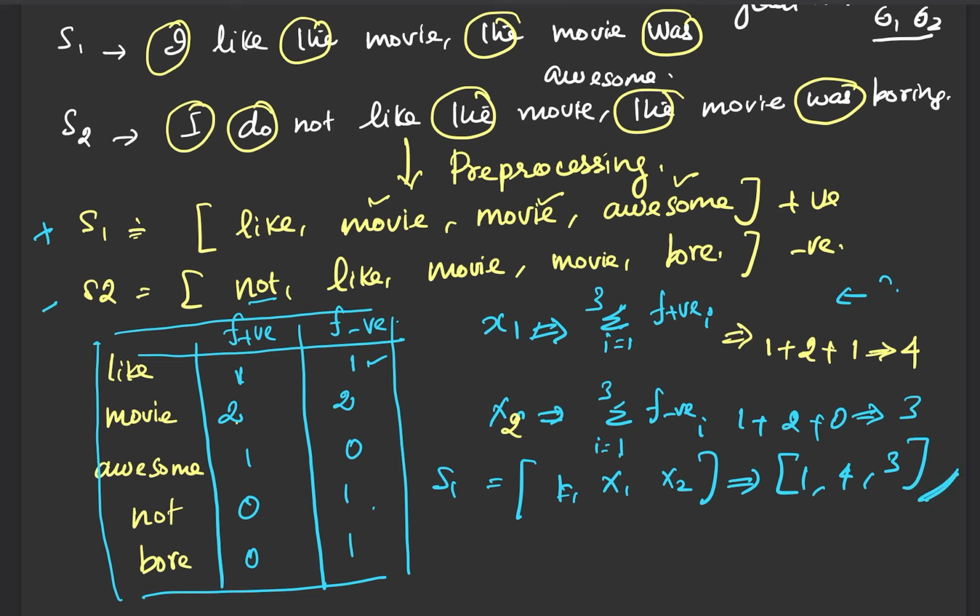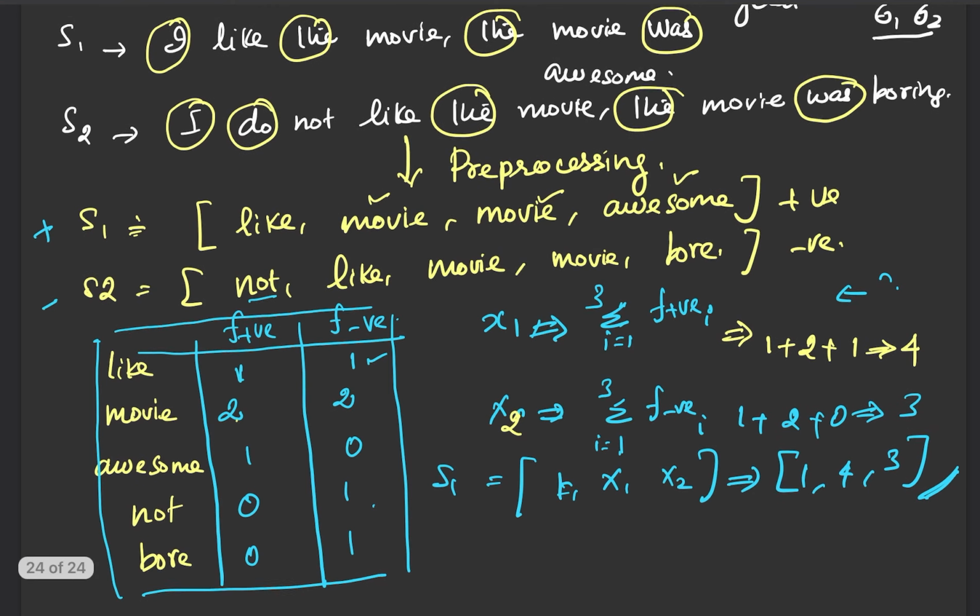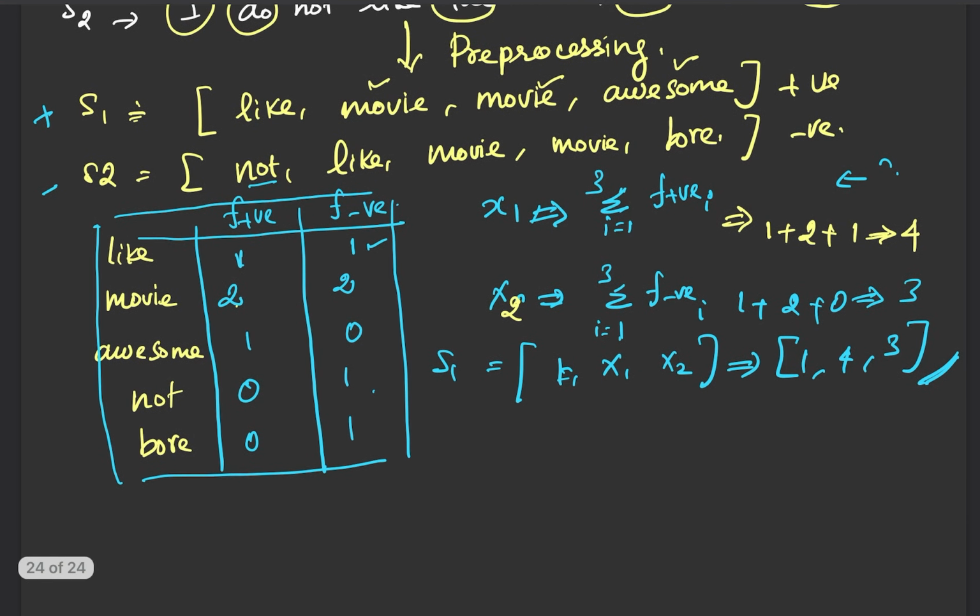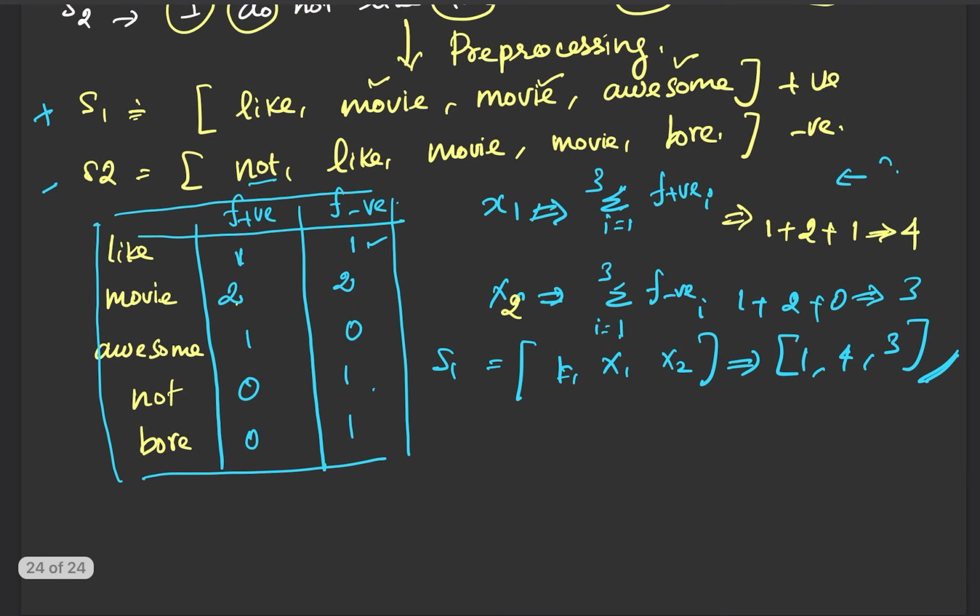This is very simple, right? Comparing with the bag-of-words method or TF-IDF, I have only 2 features to compute here, and it also conveys the meaning. The first feature represents the weightage towards the positive sentence, and the second feature represents the weightage towards the negative sentence.